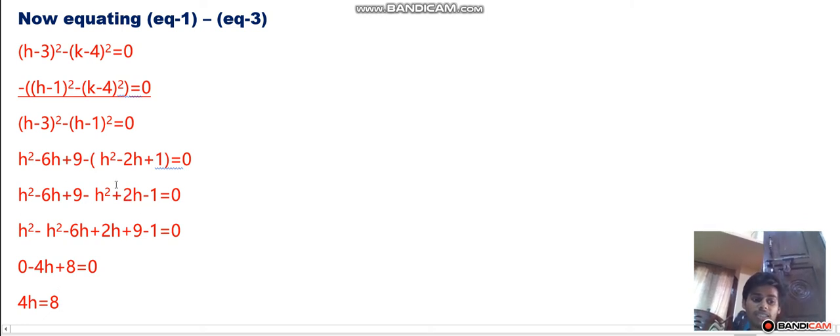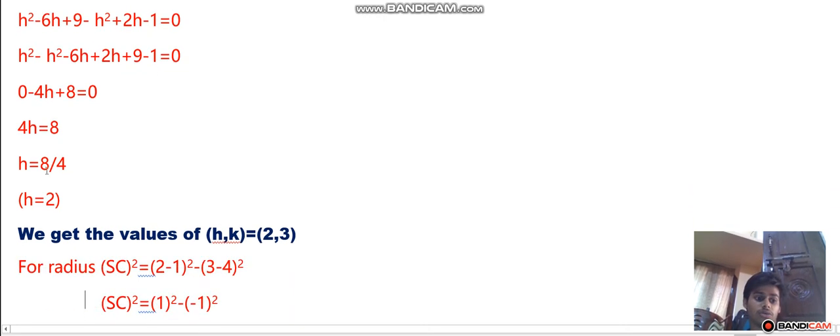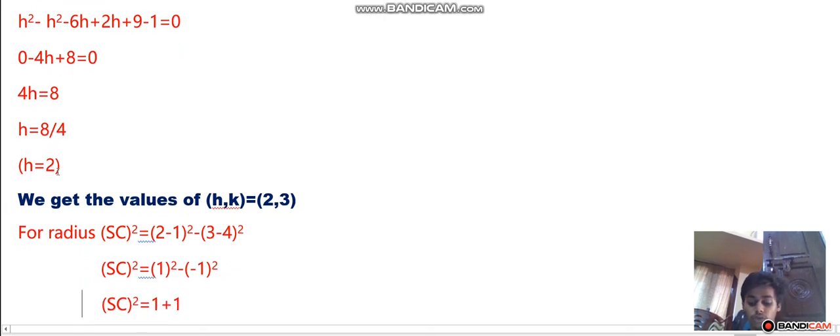Again, get the same terms at one side: h square minus h square minus 6h plus 2h plus 9 minus 1 is equal to 0. Now h square and h square get cancelled. Again, minus 6h plus 2h we get minus 4h, plus 9 minus 1 gets 8. 4h is equal to 8. Then h is equal to 8 by 4. We get h value 2.